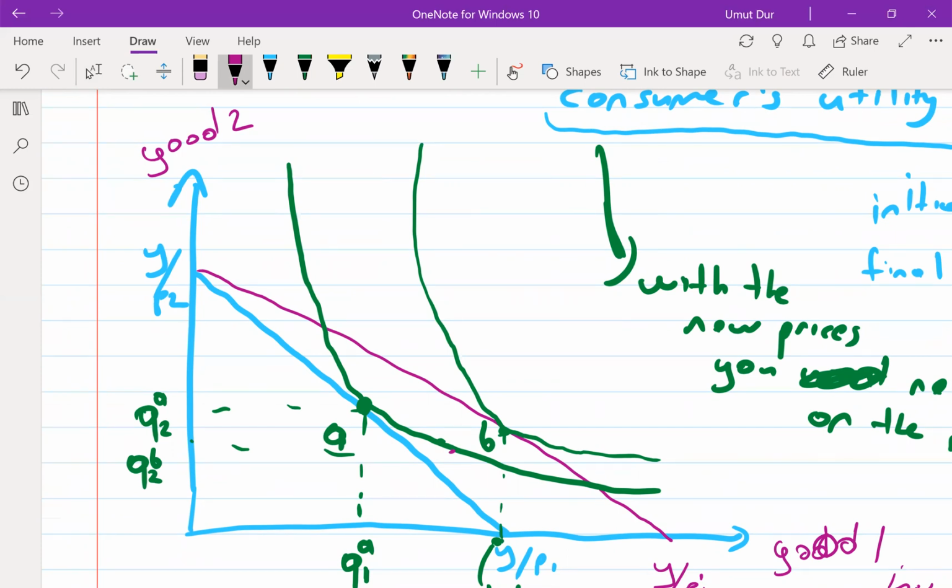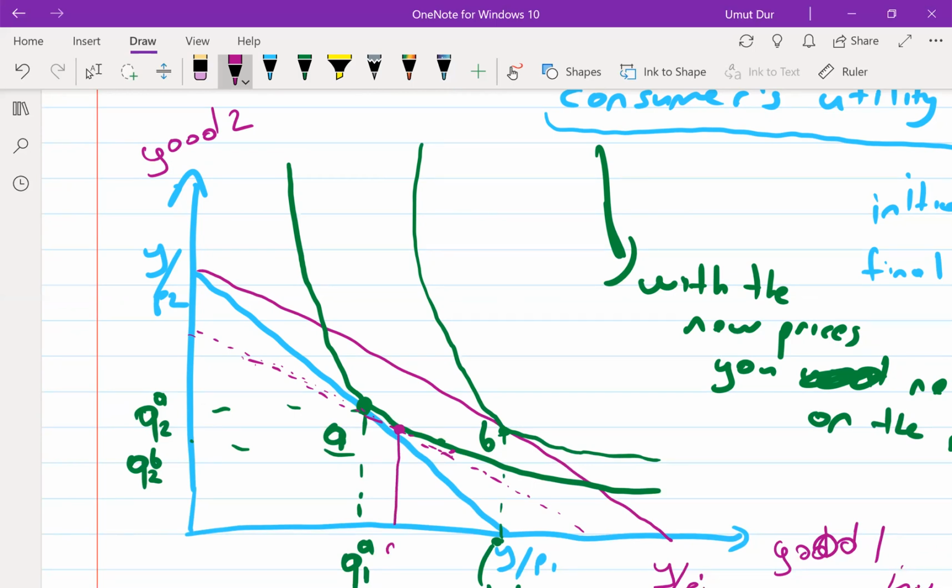I would like to draw a parallel line, which will intersect with the initial indifference curve.